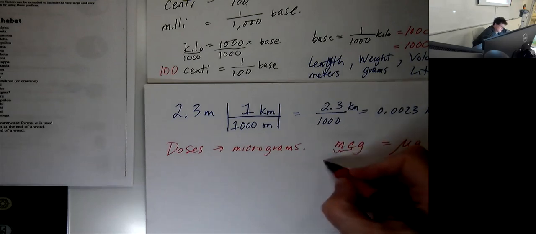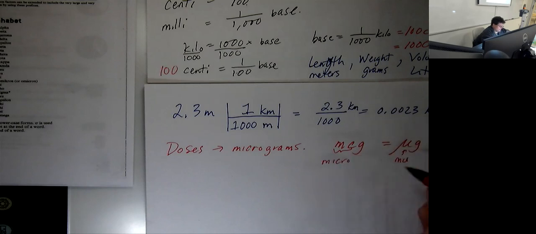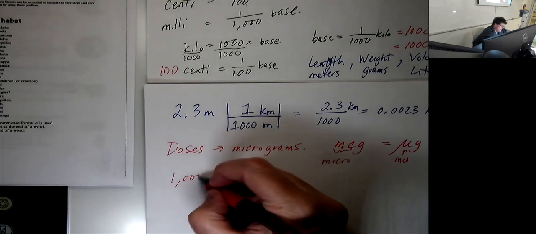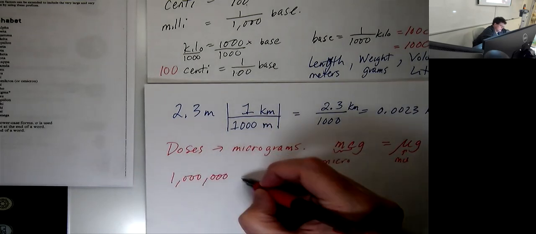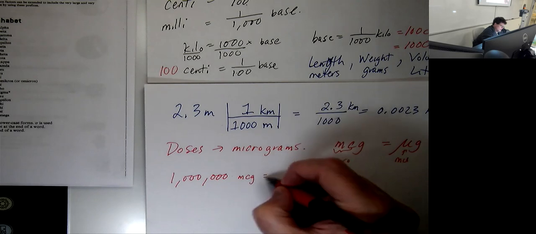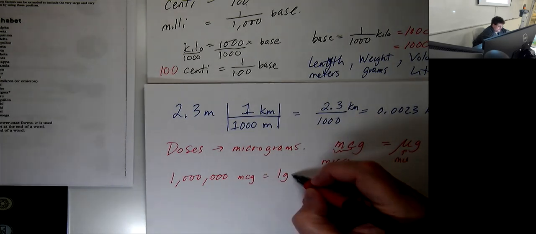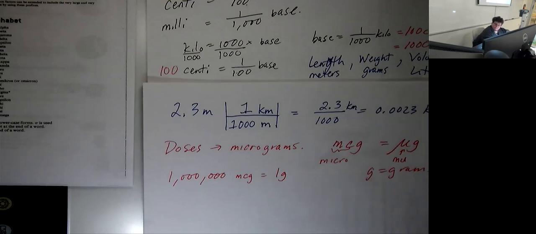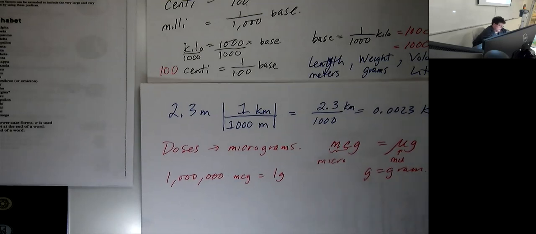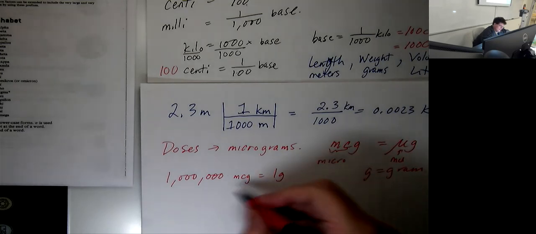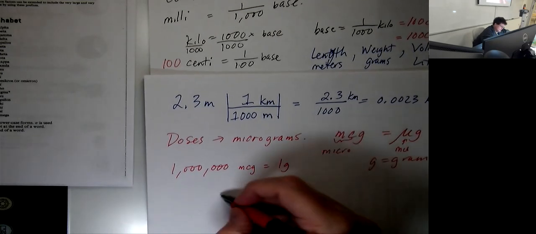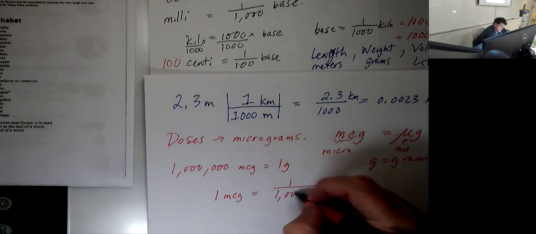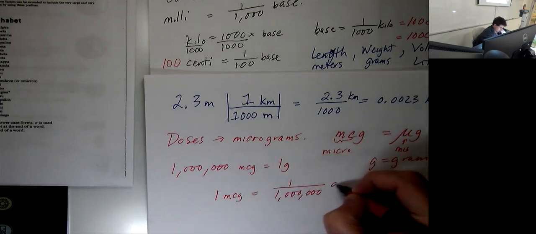MC is the abbreviation that we use in America for micro. There are 1 million micrograms in 1 gram. G is for gram. Which means if I divide both sides by 1 million, 1 microgram is 1/1 million grams.